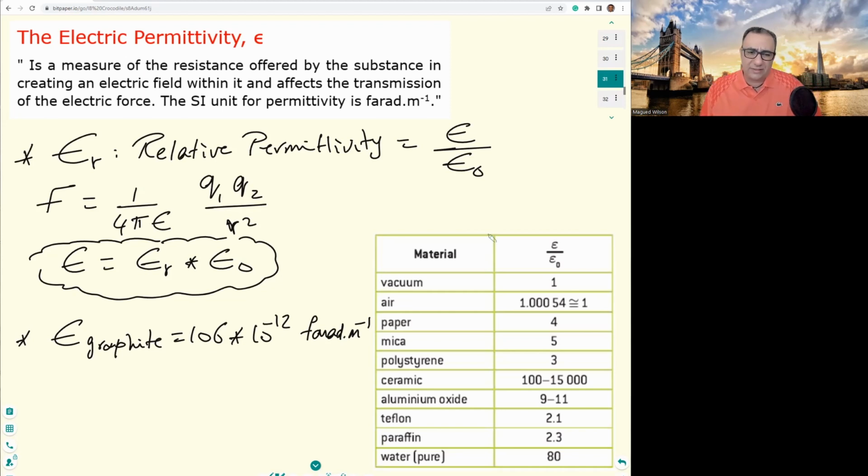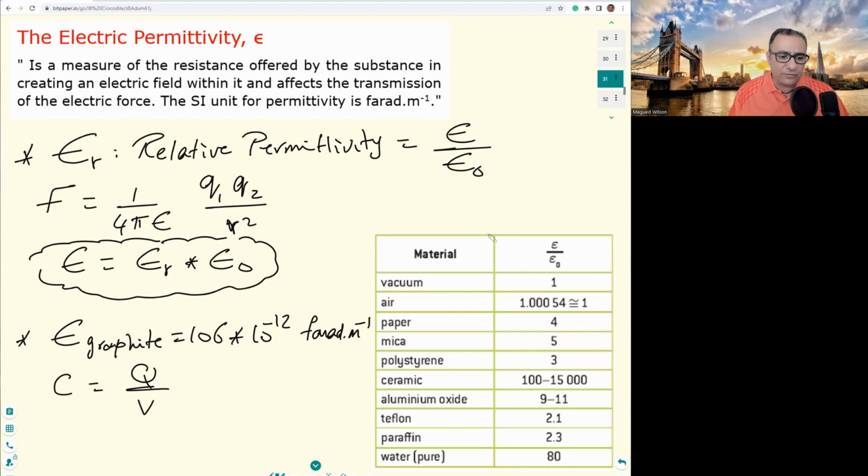Okay, now let me talk a little bit about farad, the unit. So farad actually is on the high level, on the HL side of the program. It doesn't hurt to talk a little bit about it. So farad is the unit of the capacitance of a capacitor. Okay, so the capacitance, I mean, lots of C's, you have to be careful. Now C here is not Coulomb, it's just capacitance, a physical property of a capacitor, which is the quantity of charge that is stored on a plate of a capacitor per 1 volt, per unit potential difference.